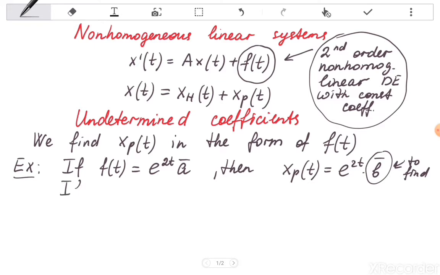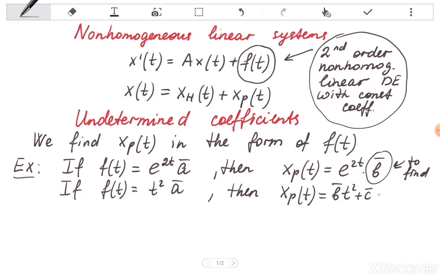If, for example, f of t is t squared times some vector a, then xp of t will be b t squared plus c t plus d, so in the form of a polynomial of second order.